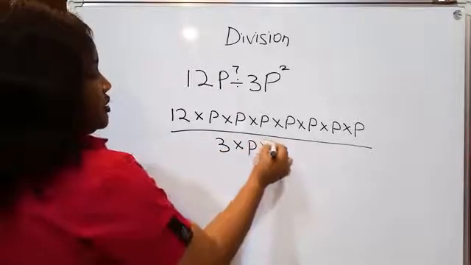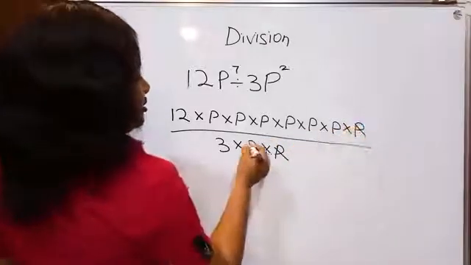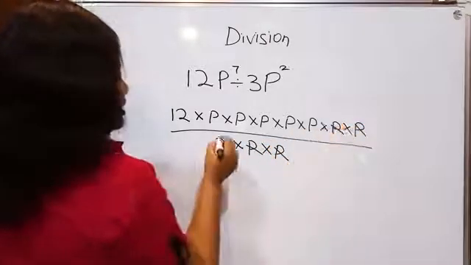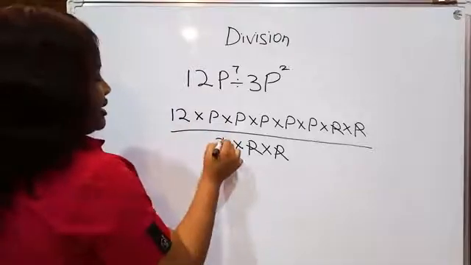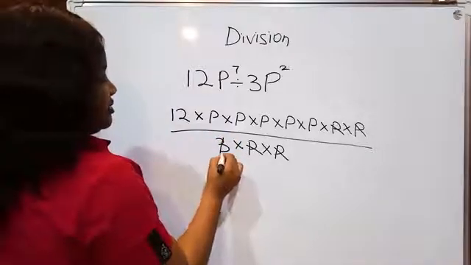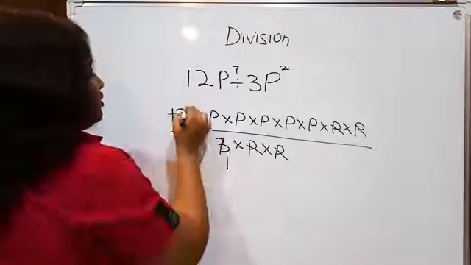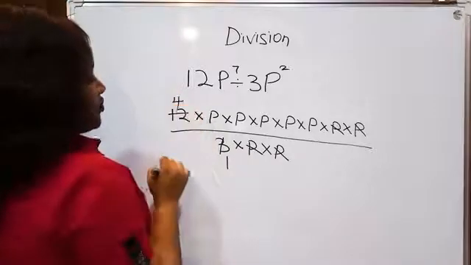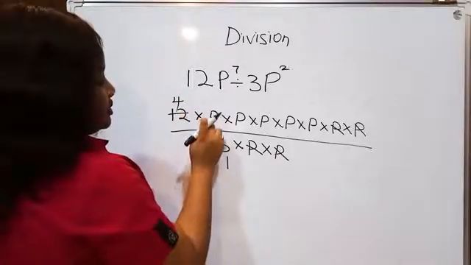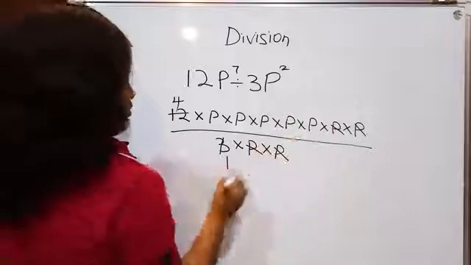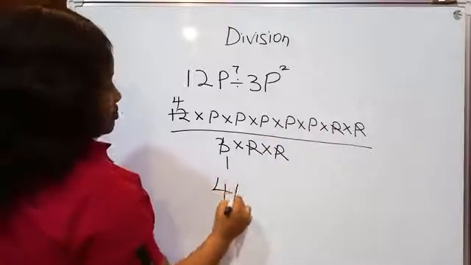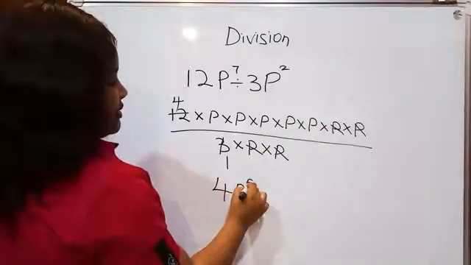We cancel p here, we cancel p here. 12 divided by 3 is 4, and the p's: 1, 2, 3, 4, 5. You have 4p raised to the power 5.